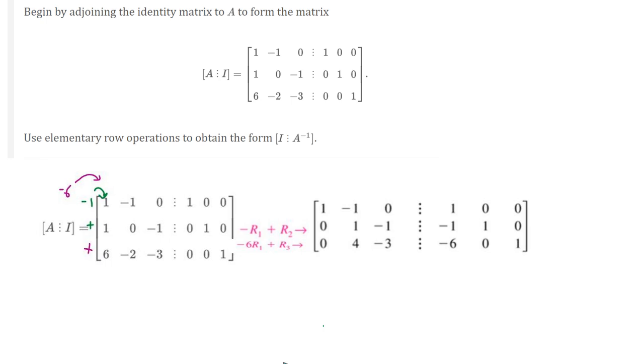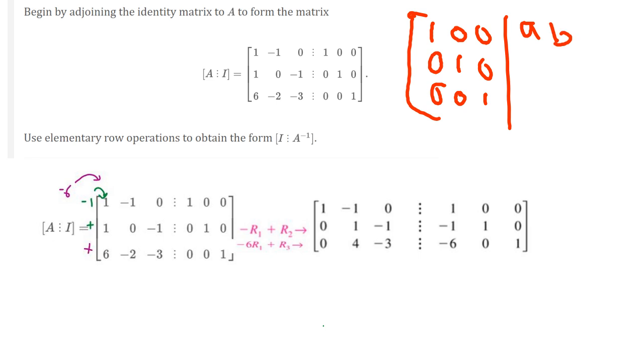And so now what we want to do is continue the process. Next time I should write my goal here in every slide. That way we don't have to keep writing it. Okay, so now we already have this one, so that's good.